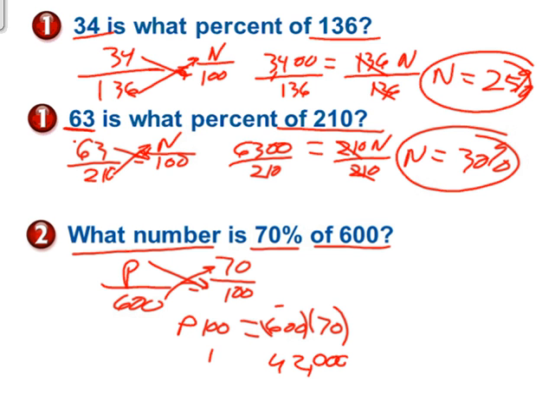And that's equal to 100 times p. I'm going to divide both sides by 100. And I'm left with 420. So 420 is 70% of 600.